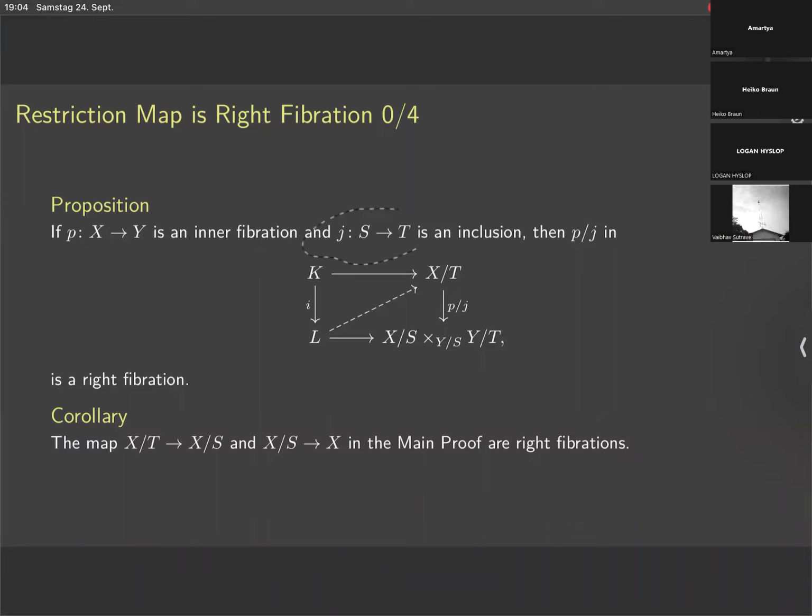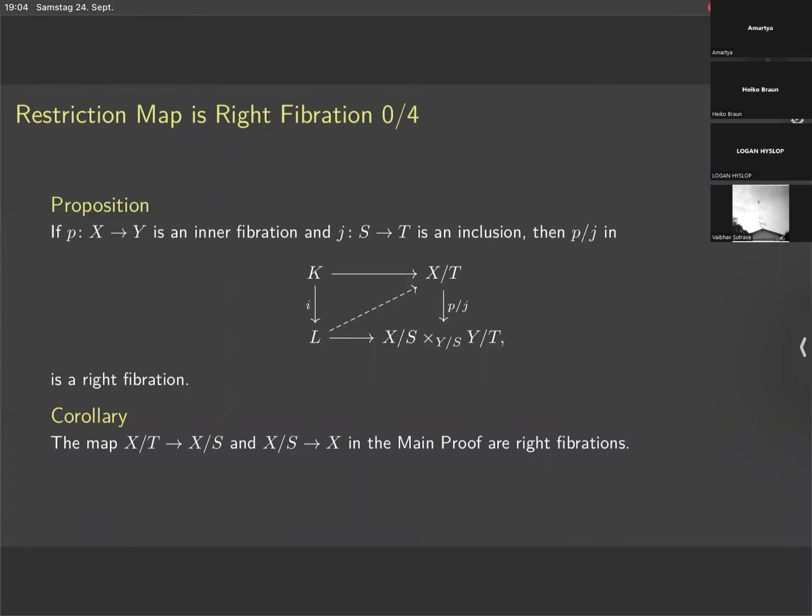Note that it is important that S to T is an inclusion, as we will see in a minute. It does not work for some general map, but the corollary of this will then be that both of these two maps in the main proof are right fibrations, and we get the theorem from this.